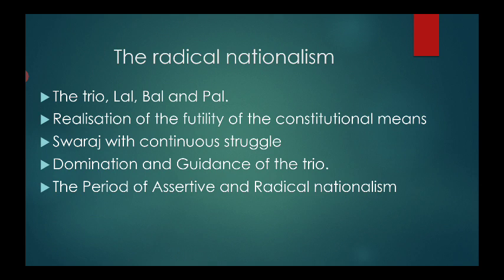So, the young leaders of the Congress like Lala Lajpat Rai, Bal Gangadhar Tilak and Bipin Chandra Pal, who are together very famously known as the trio of Lal Bal Pal, realized the futility of the constitutional means, the pointlessness or uselessness of the constitutional means, and they believed more in an assertive radical form of nationalism.